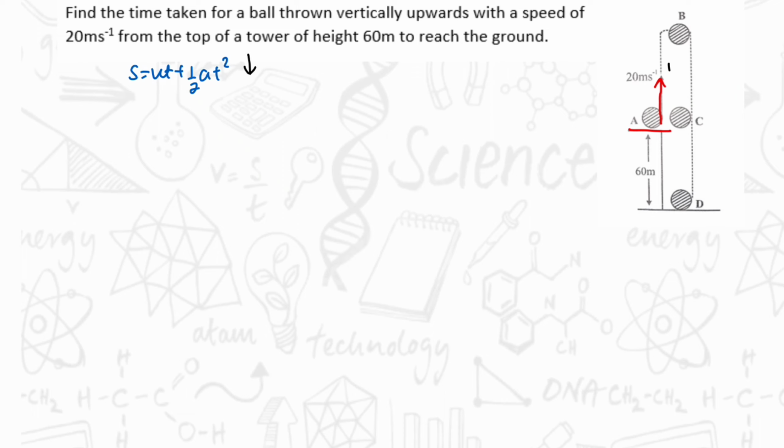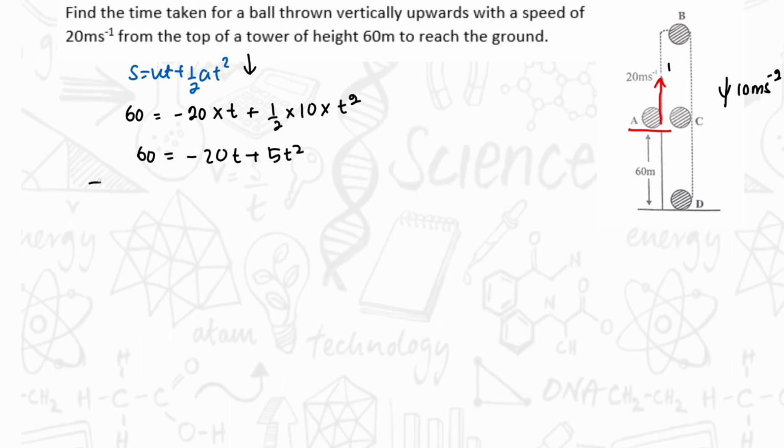In the downward direction, the displacement is 60 and the velocity is minus 20 into time. Let's say the time is t. The gravitational acceleration always acts downwards, that is 10 meters per square second, and therefore we will get a quadratic equation, and then we can divide this by 5.